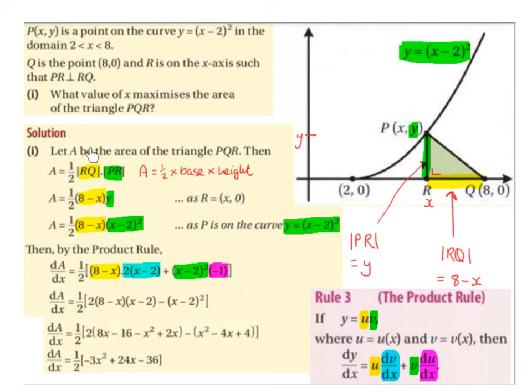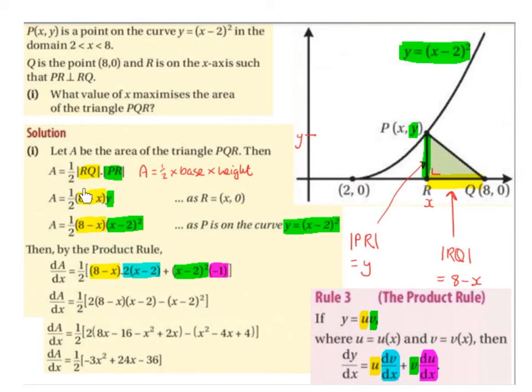So let A be the area of the triangle PQR. This triangle here is right angled because it's perpendicular. And we know that the area of a triangle is a half times base times height. So the area is a half times RQ times PR. The base is RQ and the height is PR.